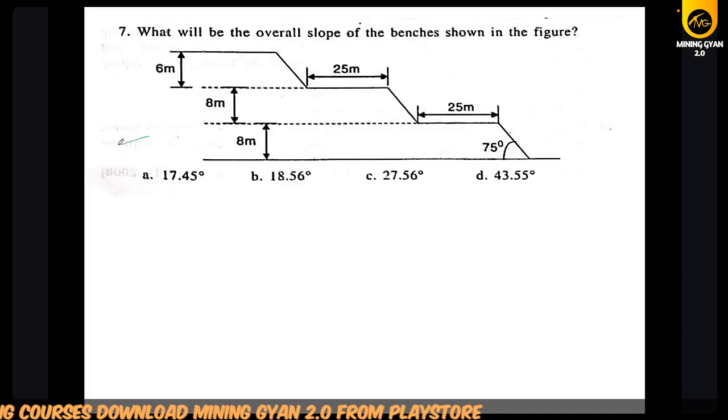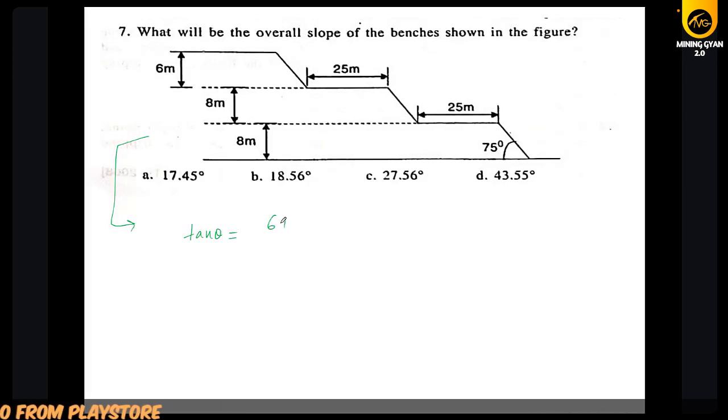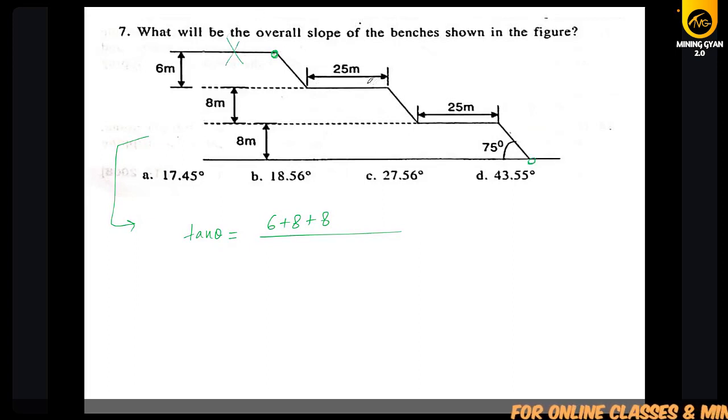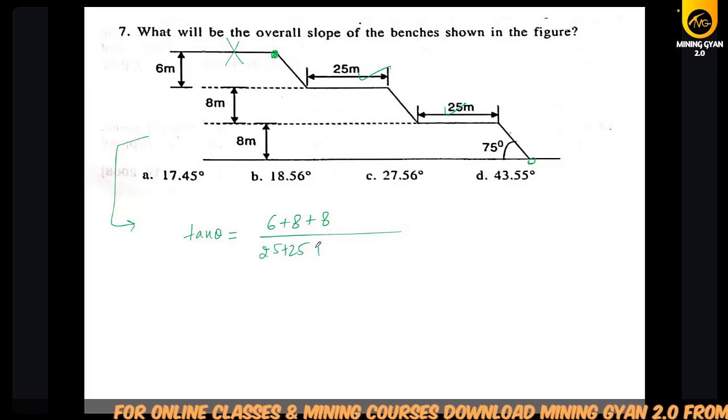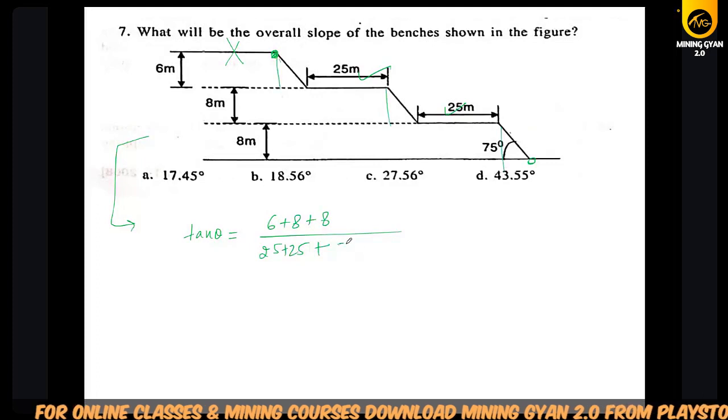So in the examination, how you will solve tan theta, which will be the average angle, overall angle, then number of benches means 6 plus 8 plus 8 divided by the number of benches from this point to this. So we are not considering this. From this point to this, how many bench widths? Only 2. So 25 plus 25 plus how many x? 1, 2 and 3x. So 3.